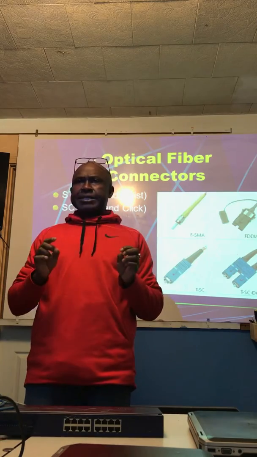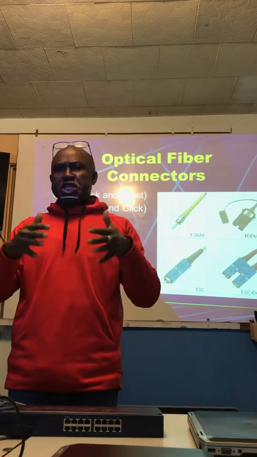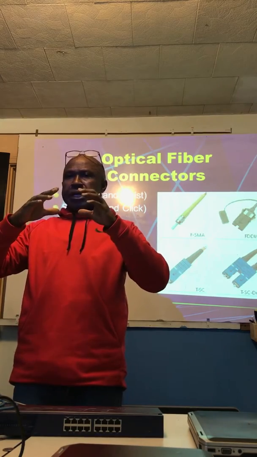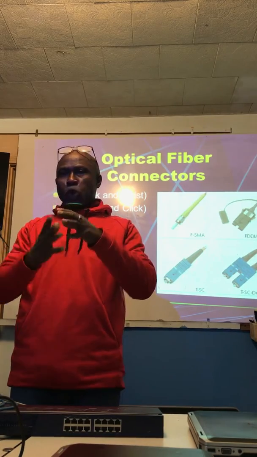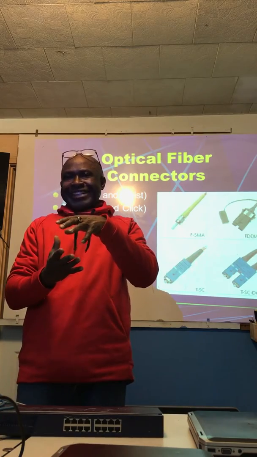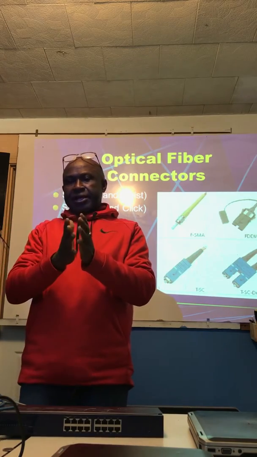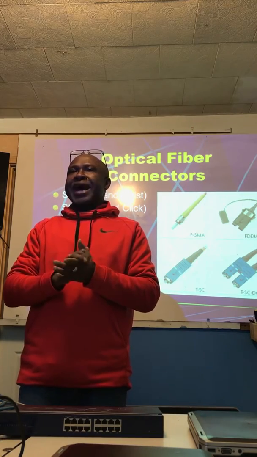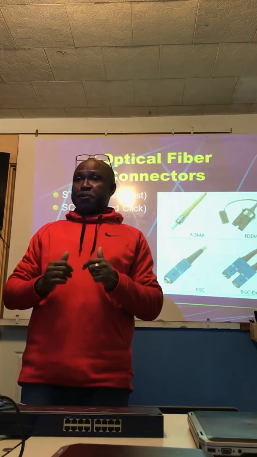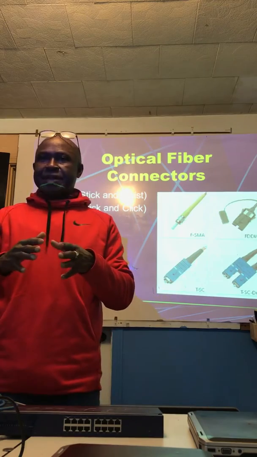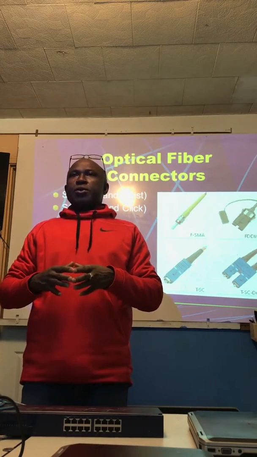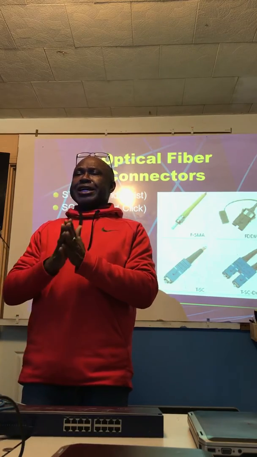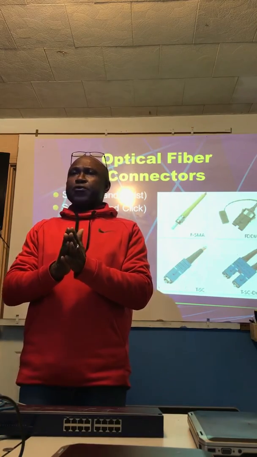They look exactly the same, but the shielded twisted pair has a foil layer that covers the wires underneath the plastic jacket that covers the cable. And we have the unshielded twisted pair that doesn't have the foil layer.